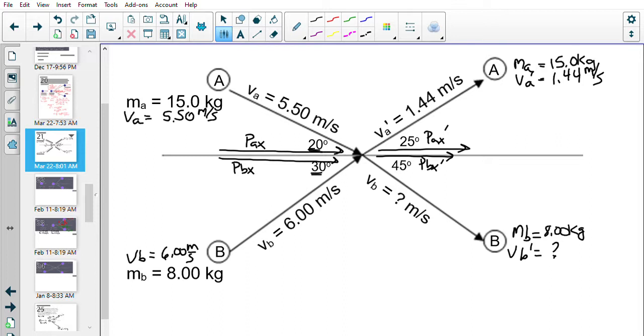I'm going to be able to calculate 3 of those because I know these numbers. So PAx I can get, and I'm going to do it in a second. PBx I can get, so I'll get that next. PAx prime will also be a calculation.